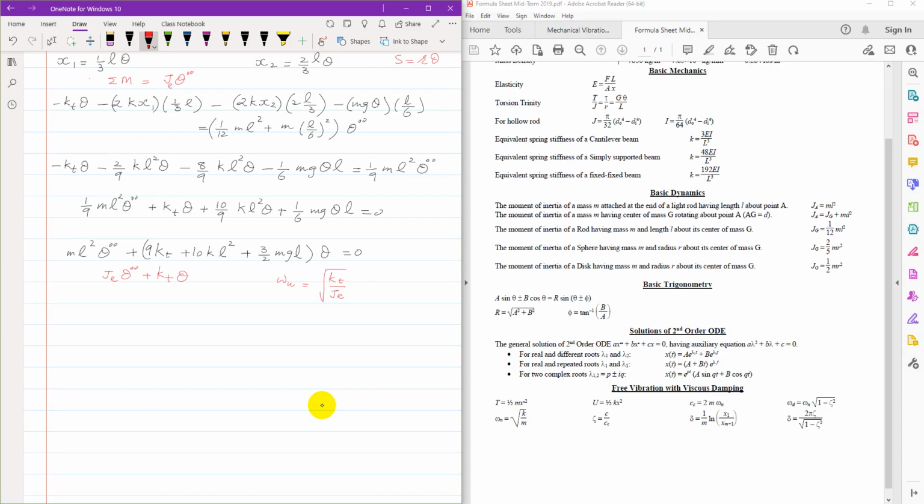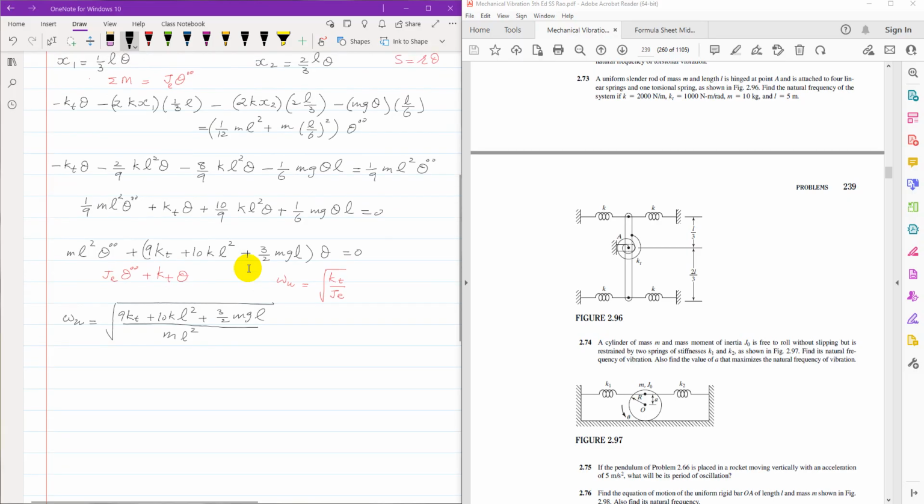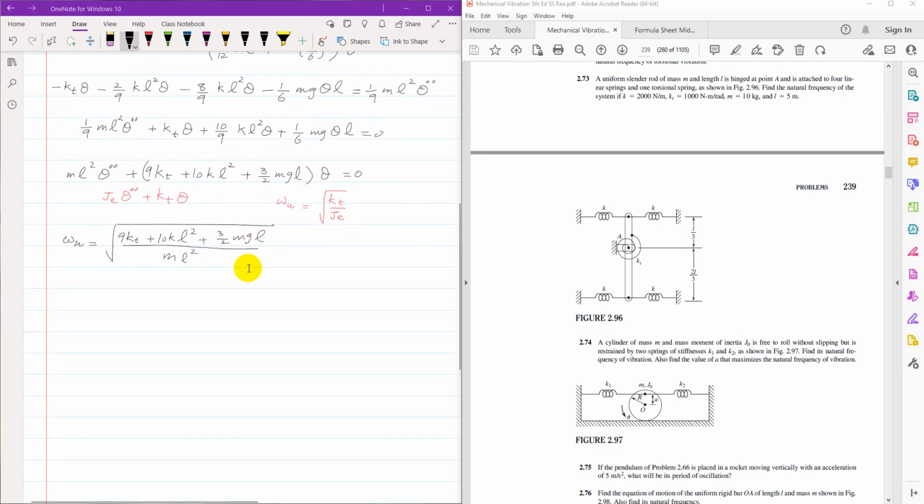So it means that whatever is the coefficient of theta, and the coefficient of theta double dot, that will give the natural frequency. So the natural frequency here is the square root of (9 kt plus 10 k L squared plus 3 by 2 mgL) over ml squared. So that is the expression for natural frequency.